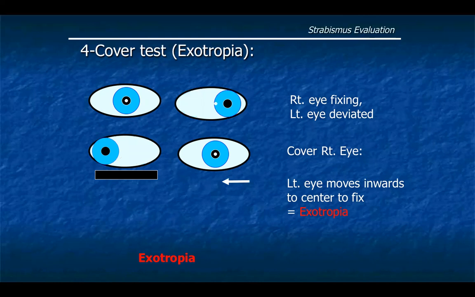In exotropia, the eye is deviated outwards. If we cover the fixating right eye, the left eye will move from outwards to inwards to reach the center to pick up fixation. This outwards to inwards movement means the eye was exotropic or divergent. So this patient has exotropia or manifest divergent strabismus.